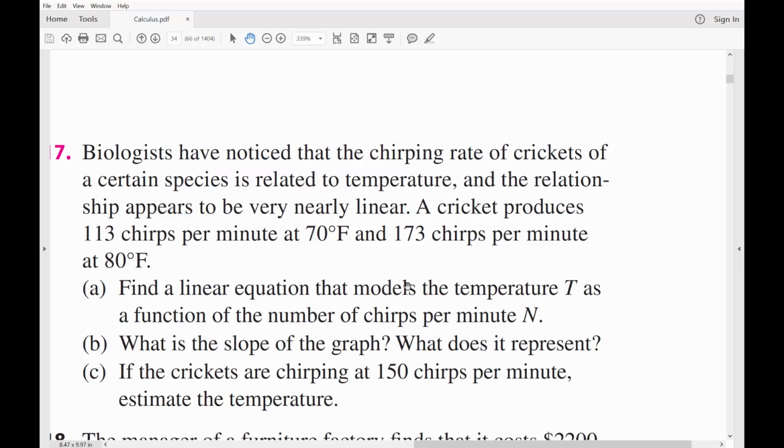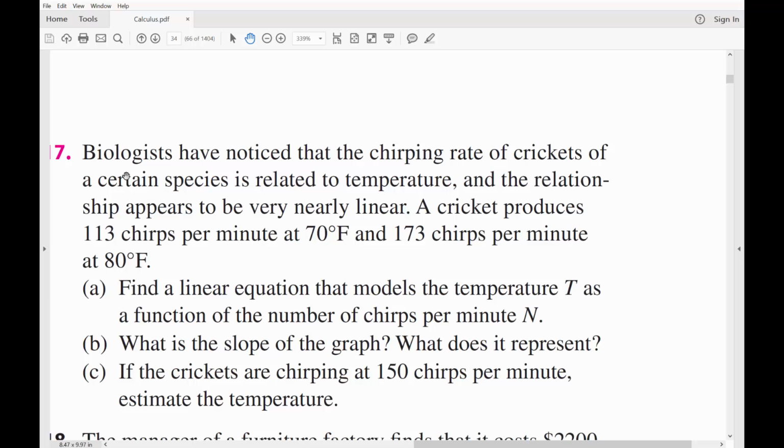So let's go for our question, and this question is from this book. It says a biologist has noticed that the chirping rate of crickets of a certain species is related to temperature, and the relationship appears to be very nearly linear.